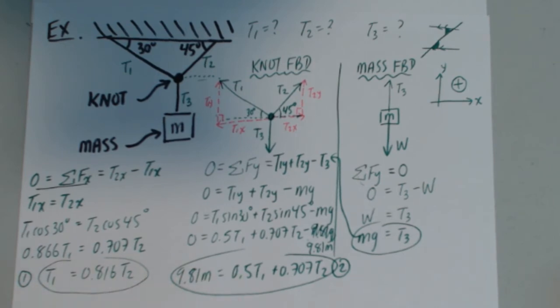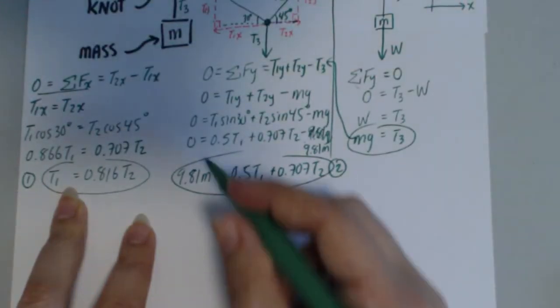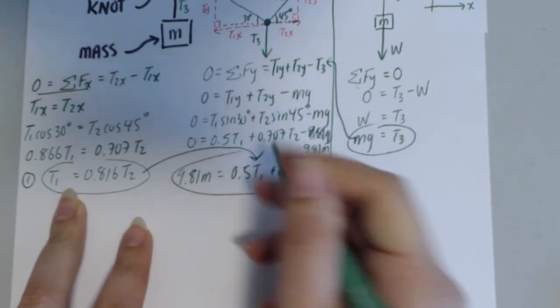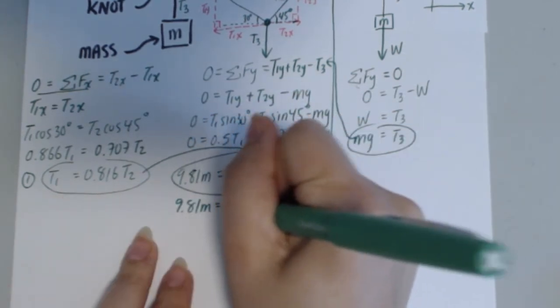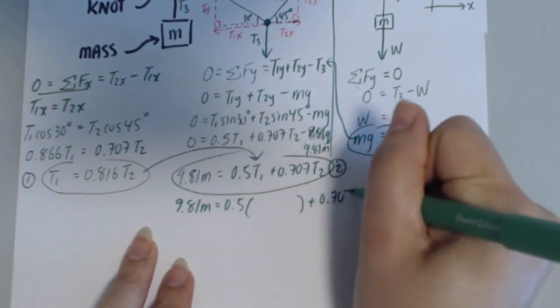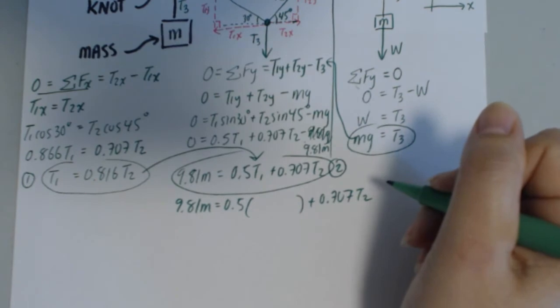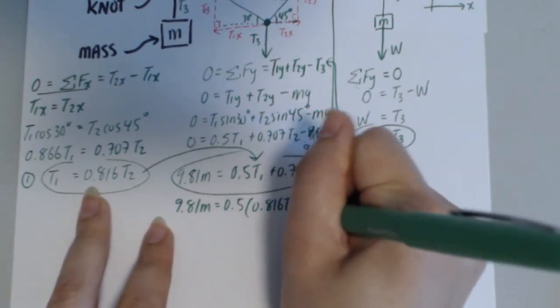I can solve for my missing variable. Okay, so I'm going to take T1 and plug it in over here. So I have 9.81 M is equal to 0.5 T1 plus 0.707 T2. Okay, so T1 is 0.816 T2.